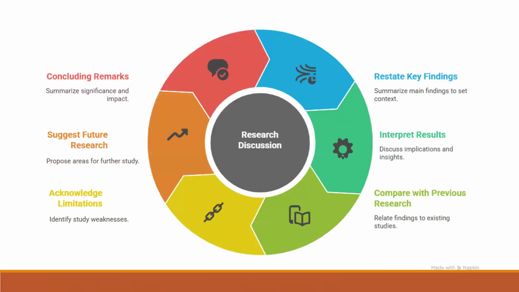Okay, so you just need to restate the key findings. When you are starting your discussion, I want you to remind me of the key findings, just 1 or 2 lines, and then start interpreting them, compare with the previous research, and then if there are limitations, for example. So you did research, and you are doing a cross-sectional study that was taking maybe 4 years.